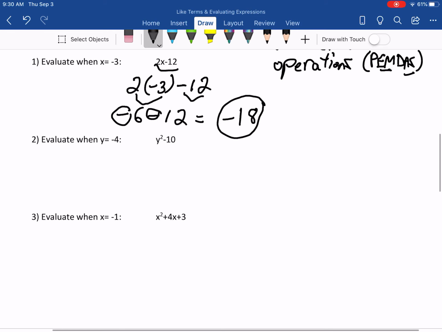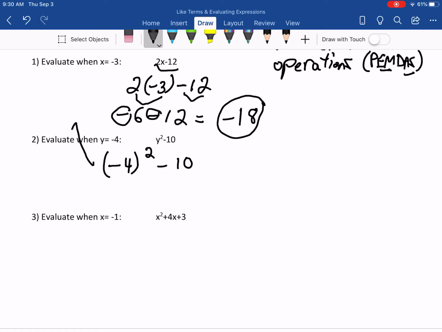Okay, number 2, evaluate when y equals -4, y to the second minus 10. So we're going to start by substituting for y. That's going to be -4 squared minus 10. So -4 squared, remember, that means -4 times -4.